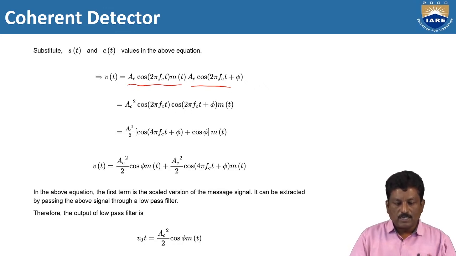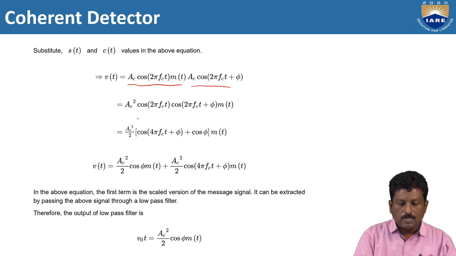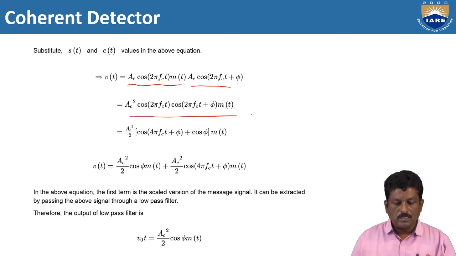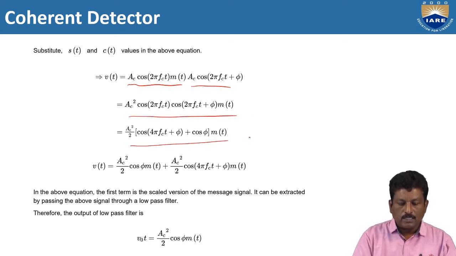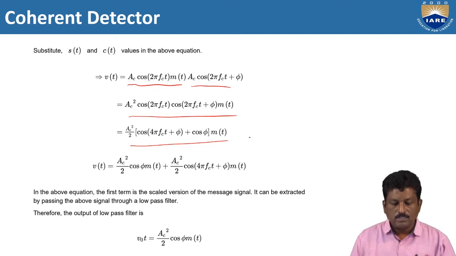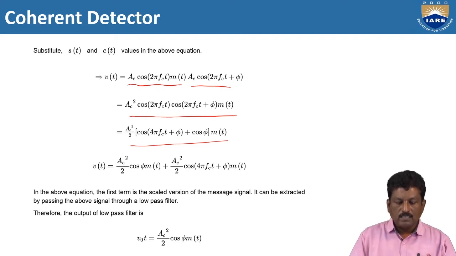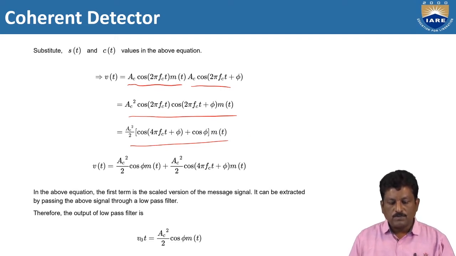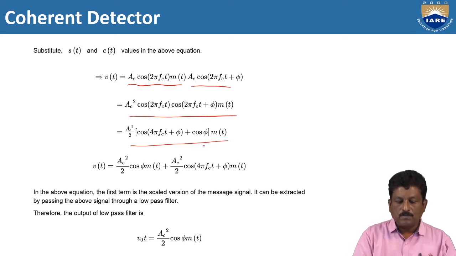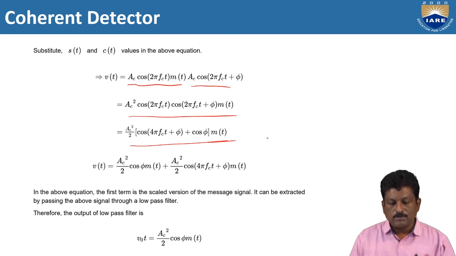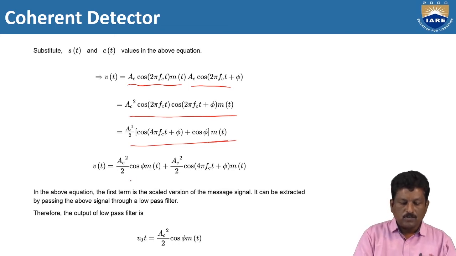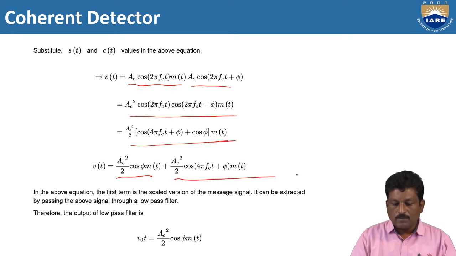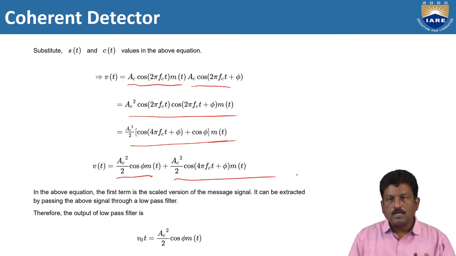By taking the product of these two inputs and separating the high frequency and low frequency components, using the cos A cos B formula, we get one term Ac squared by 2 cos phi m of t. Another term is Ac squared by 2 cos (4 pi fc t plus phi) times m of t.